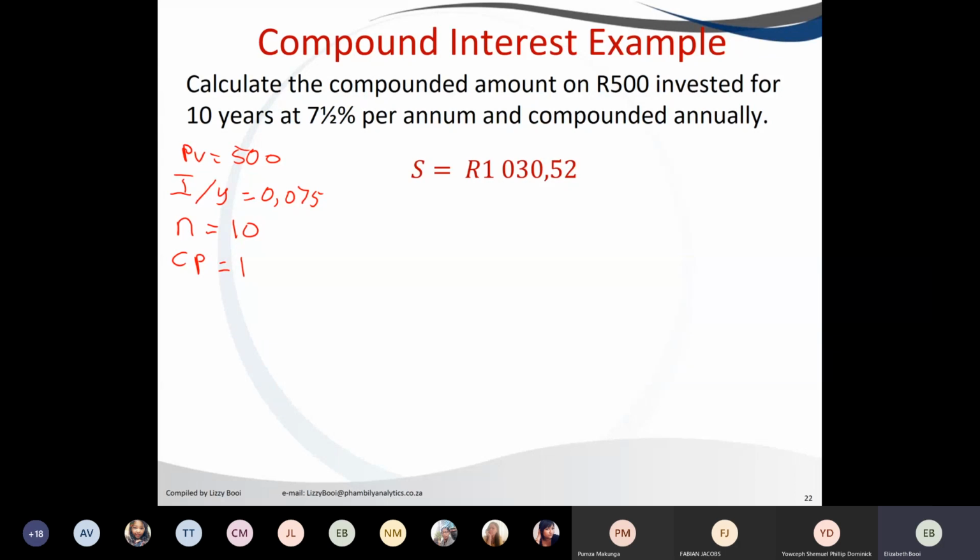The other function you need to be using is the second function. If you look on the I/Y, I will keep on saying press the I/Y when we do the compounding periods. But in short, we have to press the second function first, then it means we are pressing P/Y. And that's the only thing.